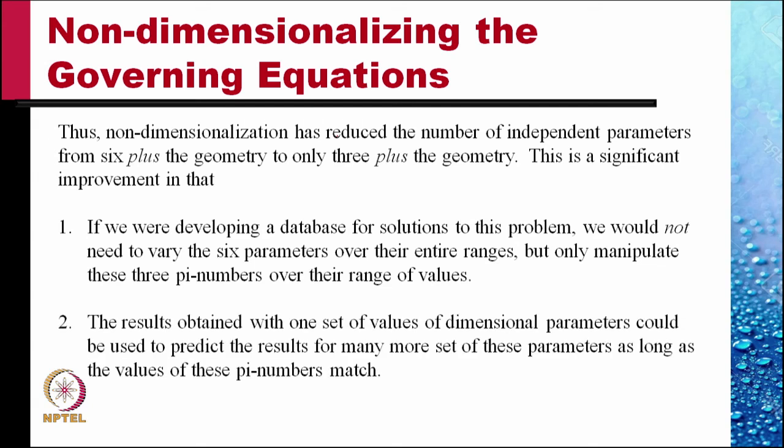Another significance: the result obtained with one set of values of dimensional parameters could be used to predict the results of many more sets of these parameters, as long as the values of these pi numbers match.